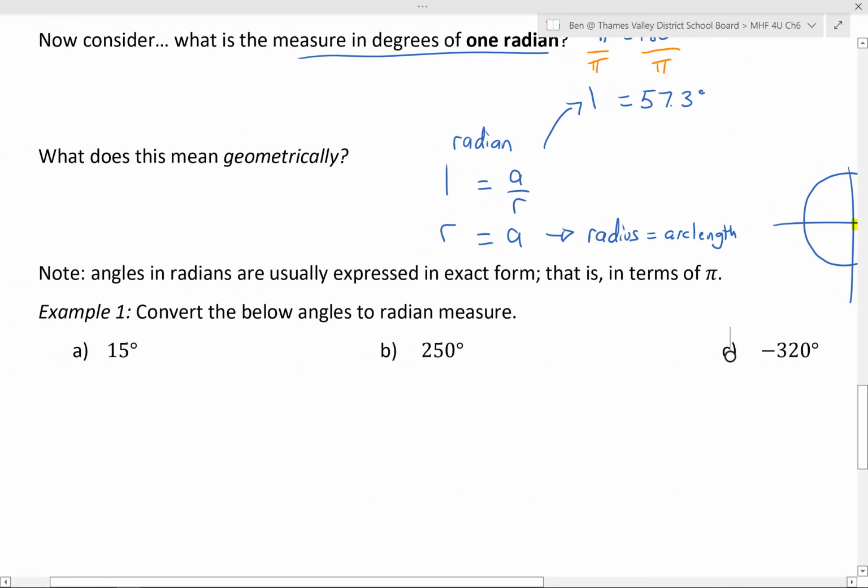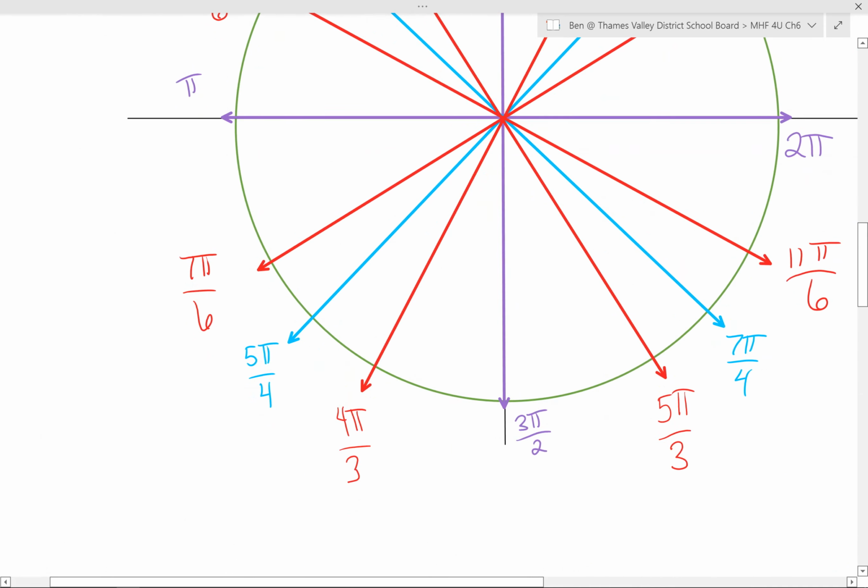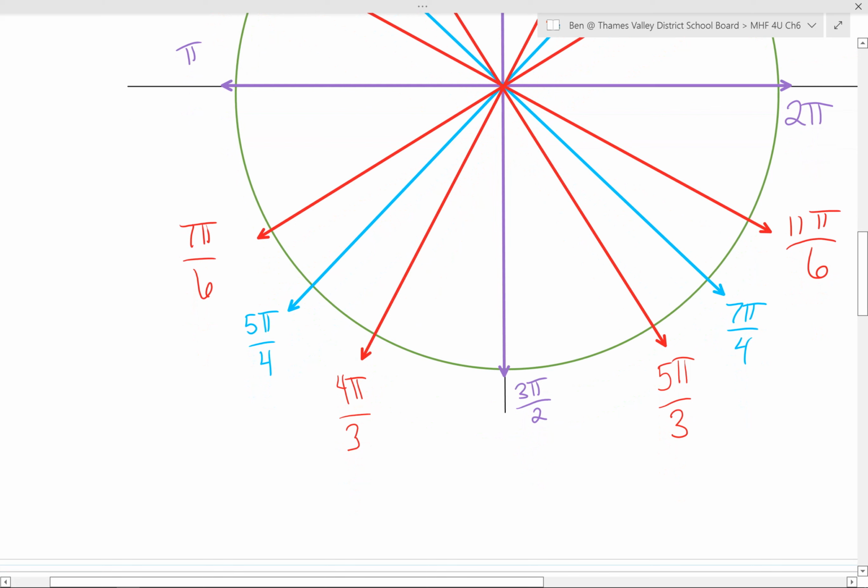Now, when we're working with radians, as you may have noticed already, we prefer to express these in their exact form. That means we're giving them in terms of pi, as fractions. That's why we were working on our unit circle with 5 pi over 4 instead of 1.25 pi.